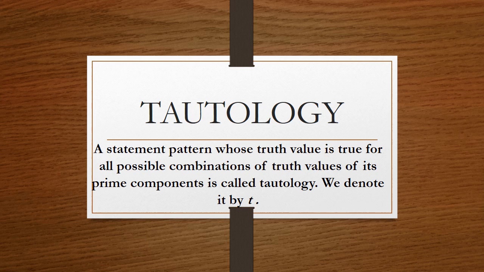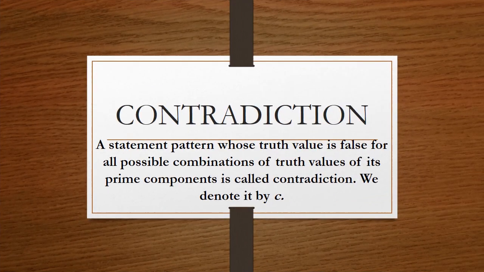For different combinations of truth values of the prime components, the truth value of the statement pattern will be different. And if in all possible cases they are true, then we call it a tautology and we denote it by T.